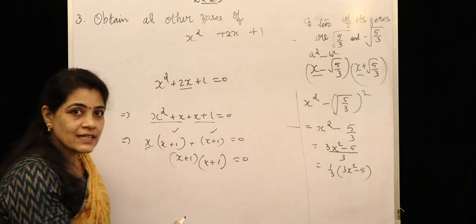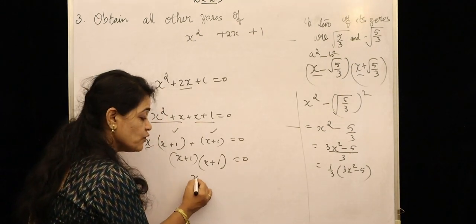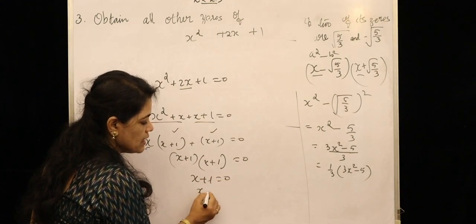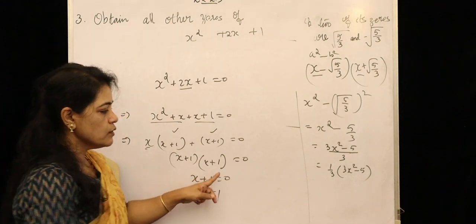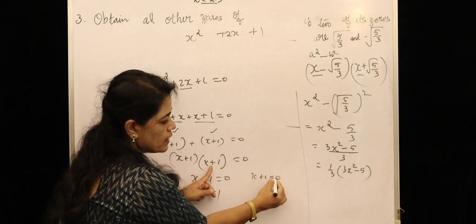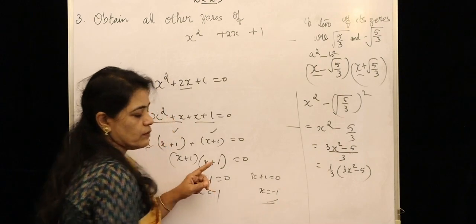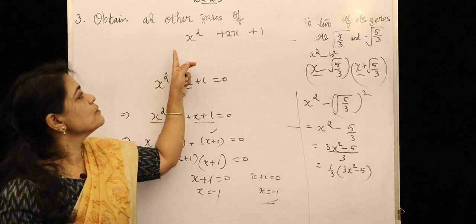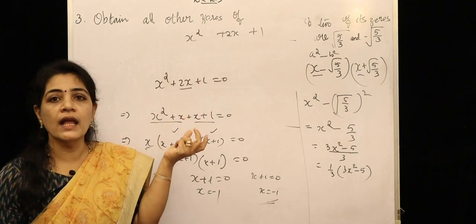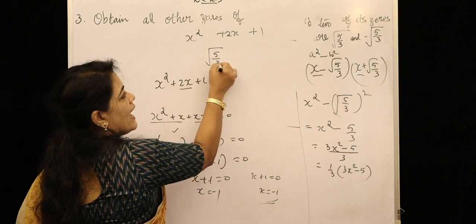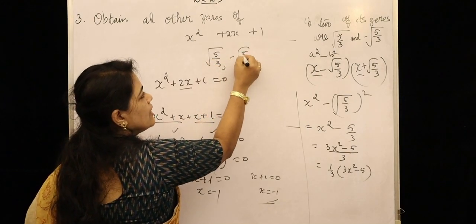So in order to get the zeros, equate each factor separately to 0, which means x equal to minus 1. This also will happen if you equate the other factor x plus 1 to 0, so x is equal to minus 1. Okay, so these are the remaining zeros of this polynomial, the big polynomial, where root 5 by 3 and minus root 5 by 3 were given.